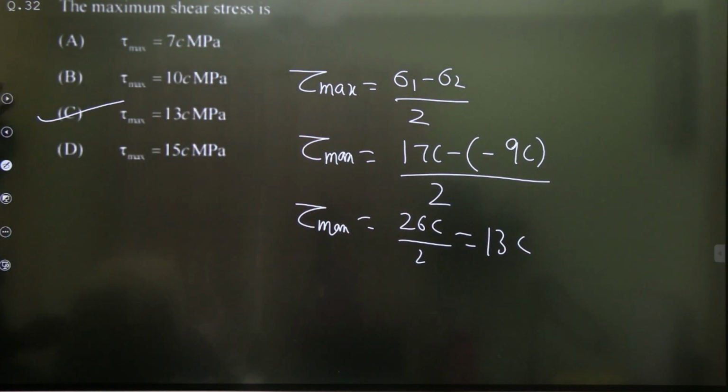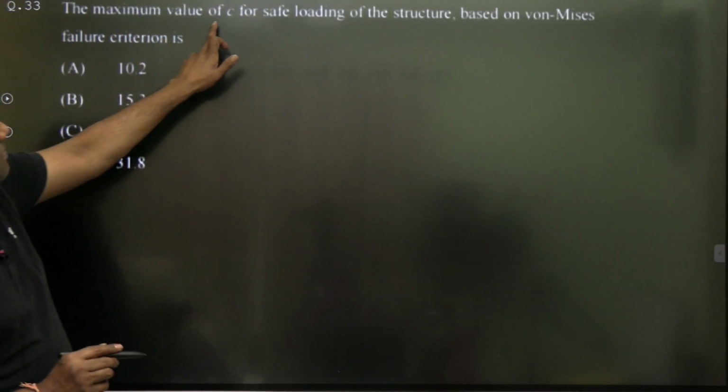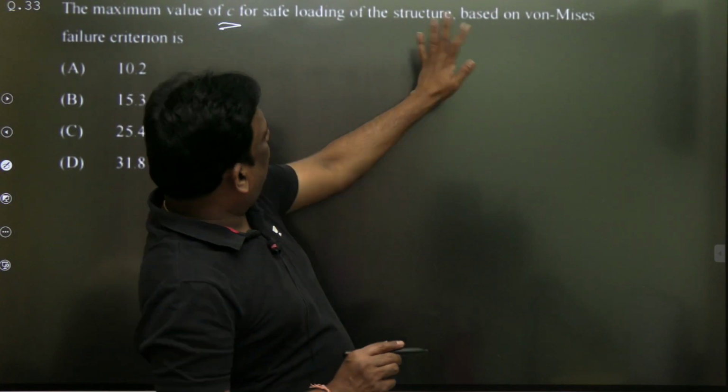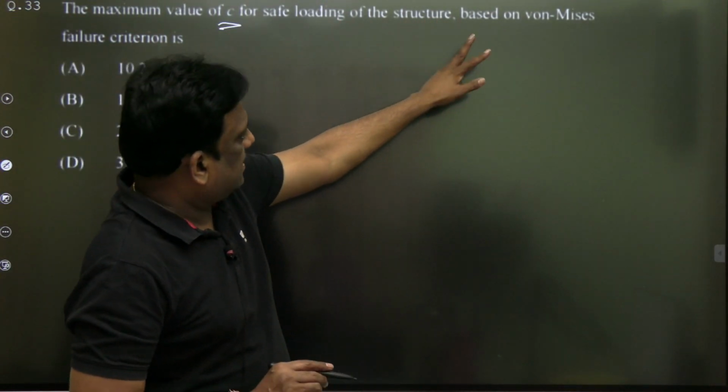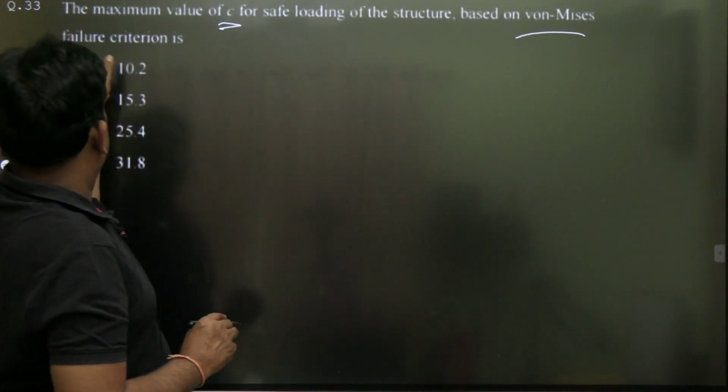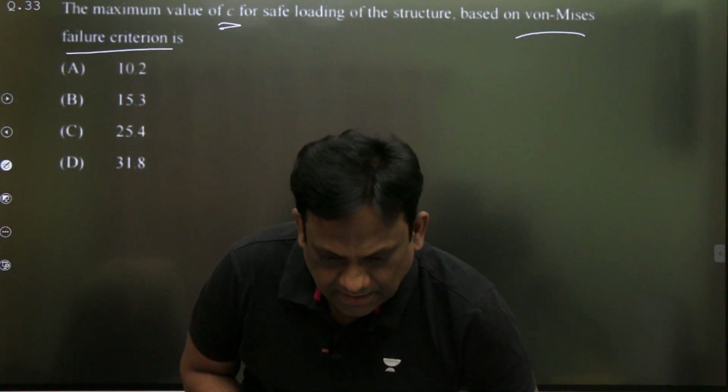Now the last question in this part. The maximum value of c for safe loading of the structure based on von Mises criterion. This is very important.